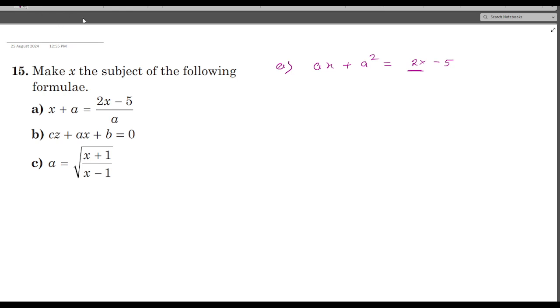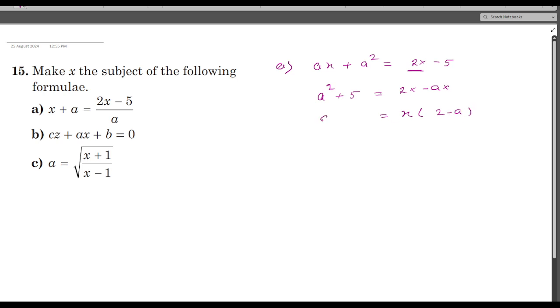I want to keep majority of the things as positive. So here you have a square, minus 5 you bring on left, it is plus 5. On the right side it is 2x minus ax. So if you take x common, it is 2 minus a, and on the left side it is a square plus 5. Then I will divide both the sides by 2 minus a. So a square plus 5 divided by 2 minus a will be equal to x.